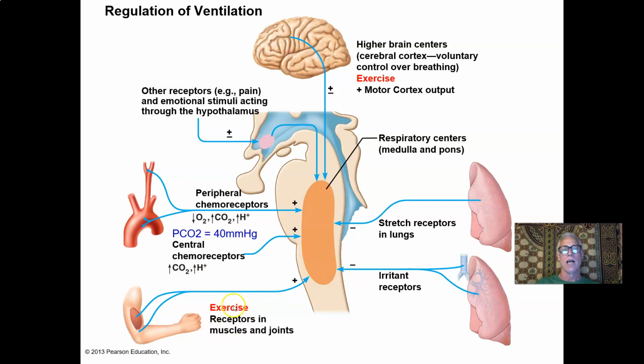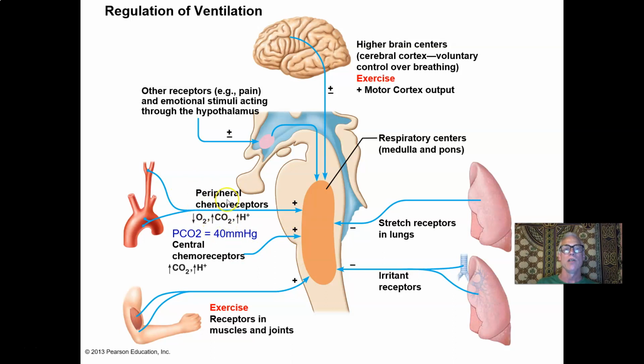During exercise, the onset of exercise, proprioceptors in the joints and muscles will ramp up inspiration, get things going. Likewise, motor cortex activity will also, at the onset of exercise, increase ventilation early on in the exercise bout. But the normal primary signal for regulation of ventilation is, of course, keeping the PCO2 at 40 millimeters of mercury partial pressure. So that's the main mechanism.